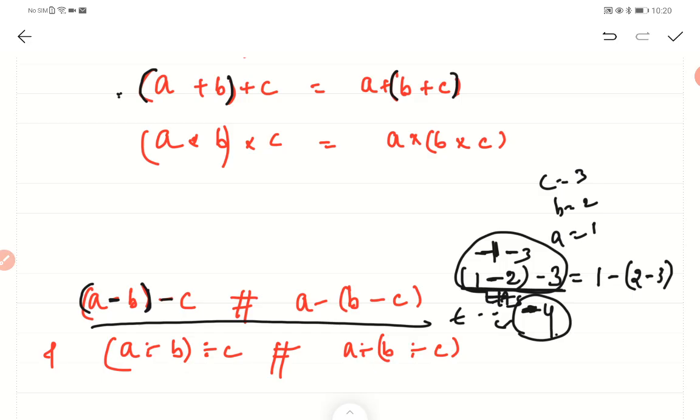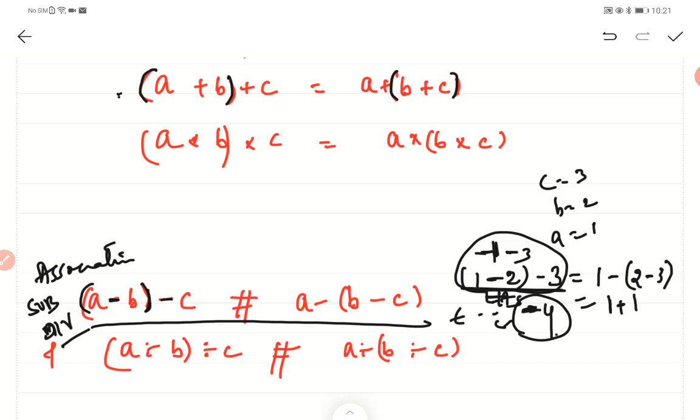Then obviously your associative property is not defined under subtraction and division. On the right hand side, what will happen is 2 minus 3 will be minus 1.